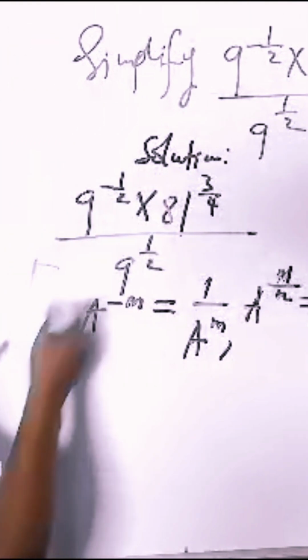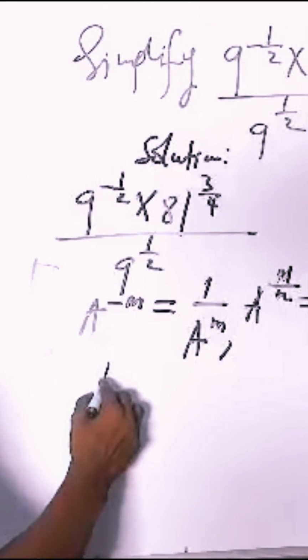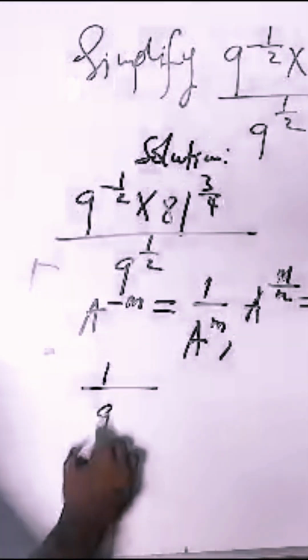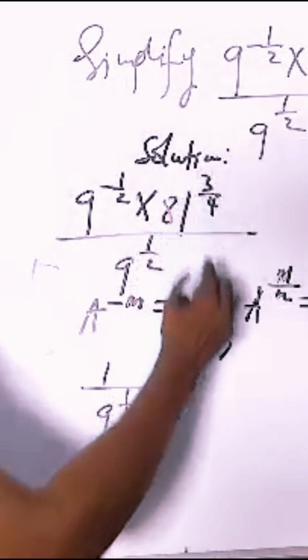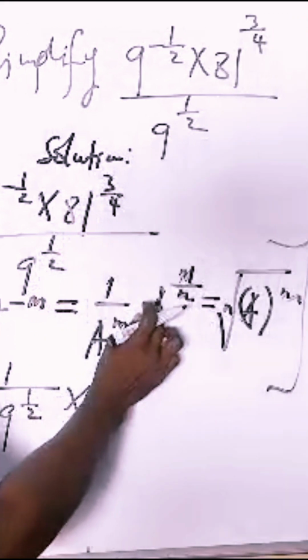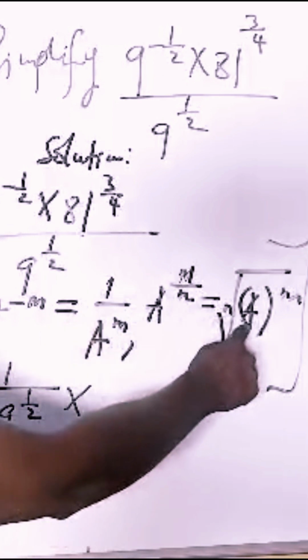9 raised to the power minus half. To remove the negative power, we say it is as good as 1 over 9 raised to the power half times 81 raised to the power 3 over 4. There's a law governing it, which is a raised to the power m over n is as good as the nth root of a raised to the power m.